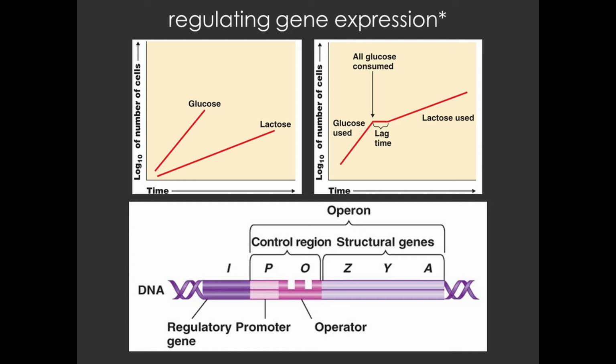What explains the lag time between consumption of glucose and consumption of lactose as an energy source is the operon. The fact is that lactose is not as commonly encountered in the environment, and so the cell chooses to transcriptionally control the production of the proteins used to catabolize lactose in a lac operon.